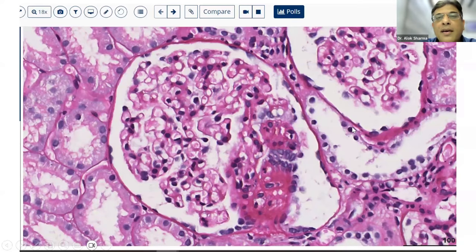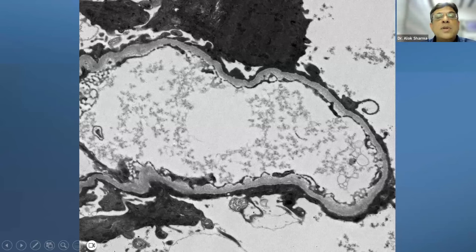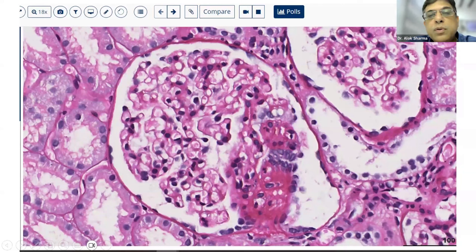Doesn't matter. Okay, so I'll tell you. In that particular slide, which was given to you, that was a PAS stained slide. There was no significant tubulointerstitial chronicity there, but there were a few glomeruli, of which one I have taken a screenshot from, showing a segment which is quite different from the others. This segment is a segment of sclerosis.